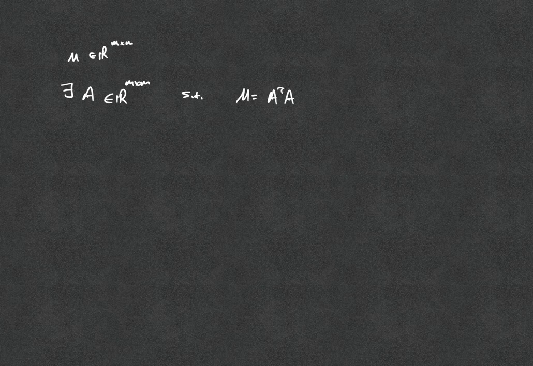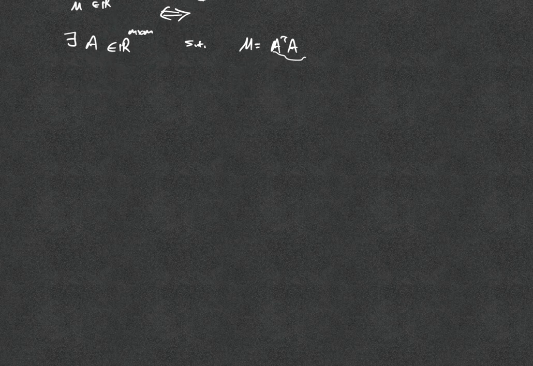Now, another lemma is that if you have a positive semi-definite matrix, for example, M, there exists a matrix A such that M can be factorized this way, or decomposed this way. To prove this, and by the way, this is an if and only if relationship.